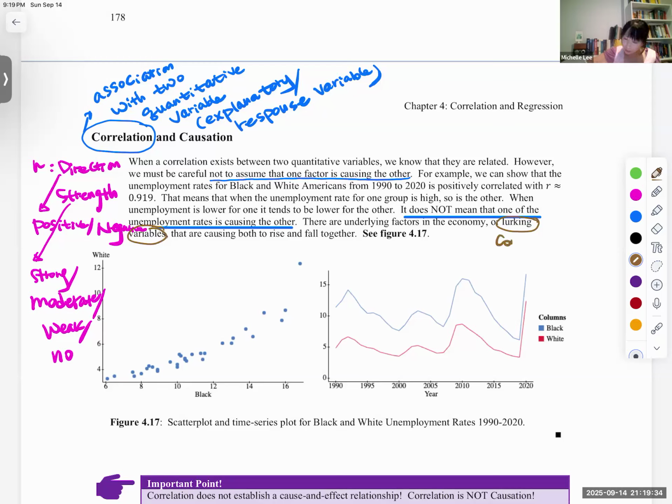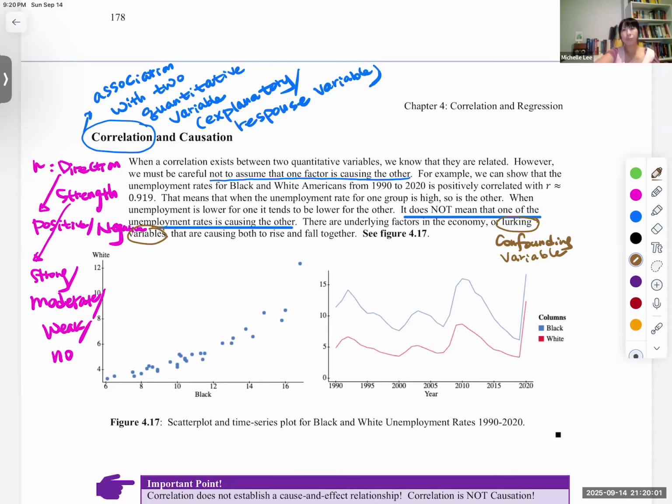So confounding variables. So what kind of confounding or lurking variables are causing both to rise or both to fall together?